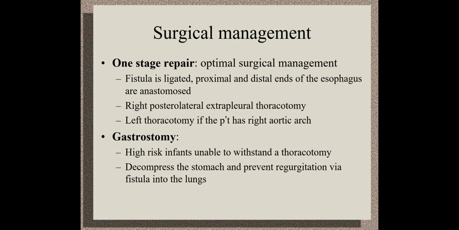The fistula is ligated. Proximal and distal ends of the esophagus are anastomosed, and the approach is through the right posterolateral extrapleural thoracotomy, and left thoracotomy may be used in cases of right aortic arch. Gastrostomy may be used in high-risk patients till they can withstand thoracotomy and anesthesia.